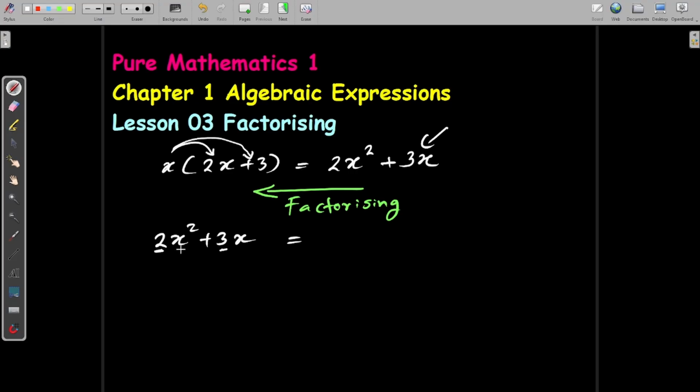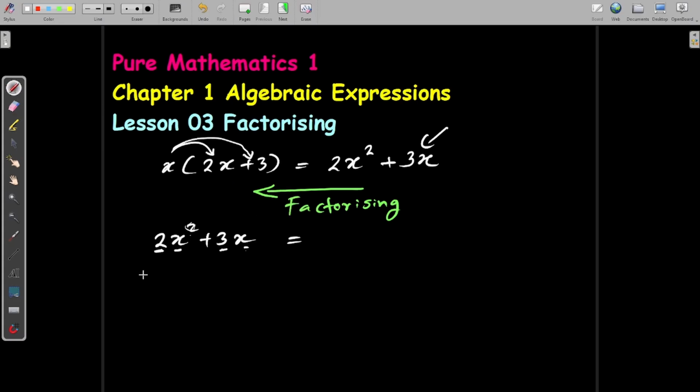But when we look at the algebraic terms, we have x here and also x here, and there are 2 x's in the first term, while in the second term we have only 1 x. That means we can take 1 x out as the common factor and write the remaining parts in the bracket. We'll write an extra step to make this a little clearer.